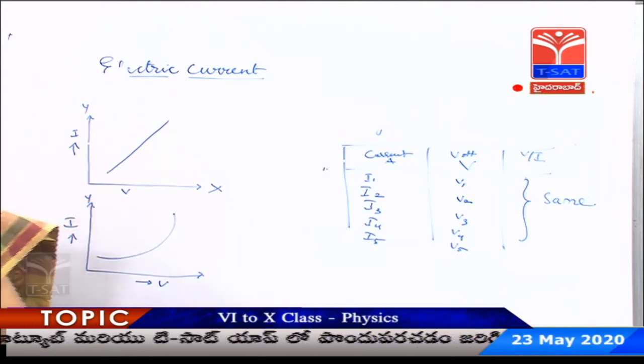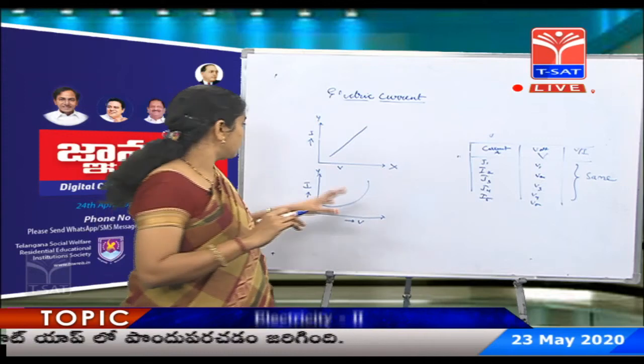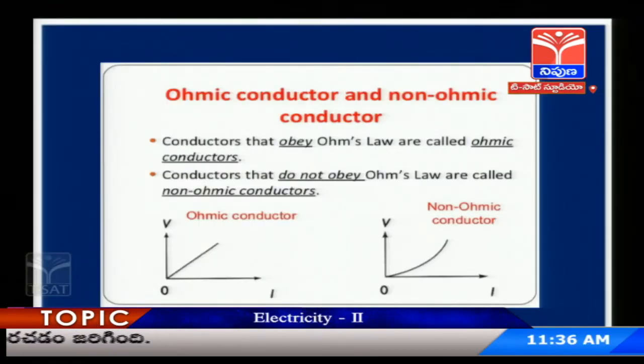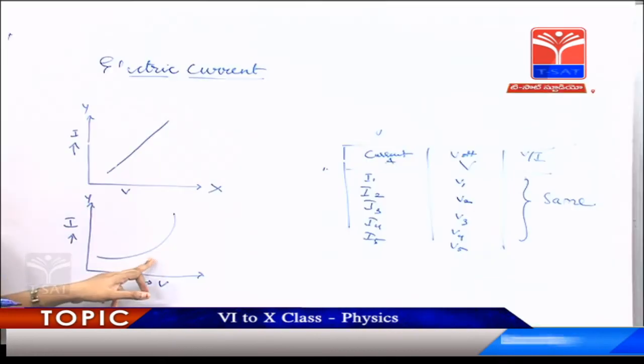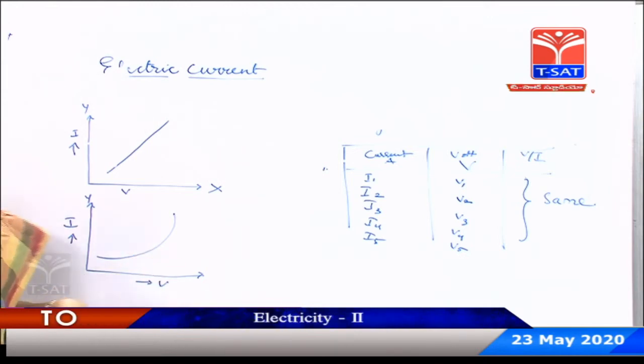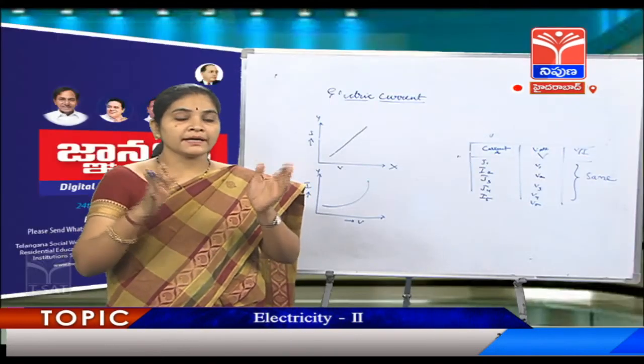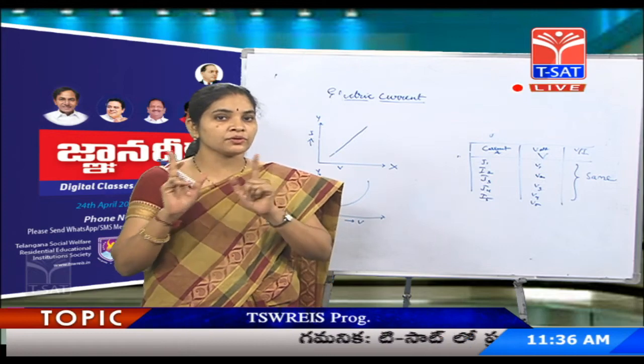Children, you can see in the slide, for the iron spoke the graph was a straight line graph, and for the LED the graph was a curved graph. So based on Ohm's law, materials are classified into two categories.